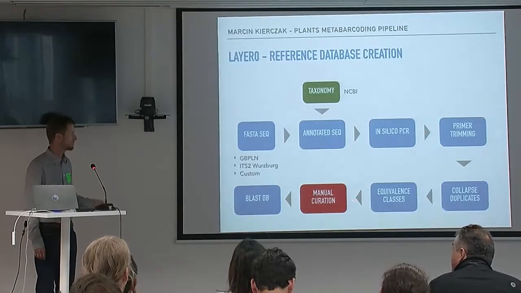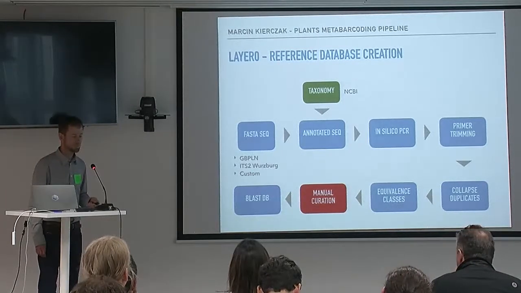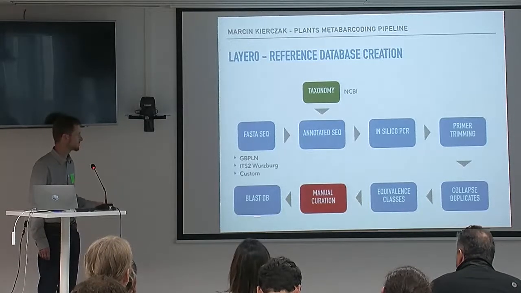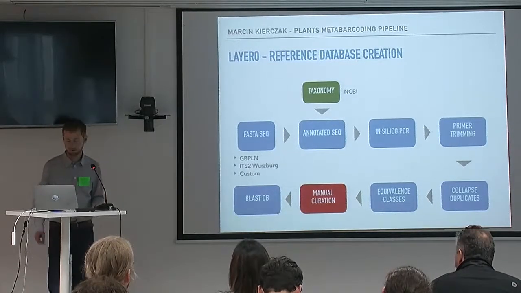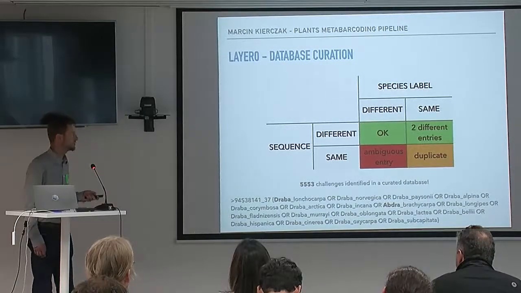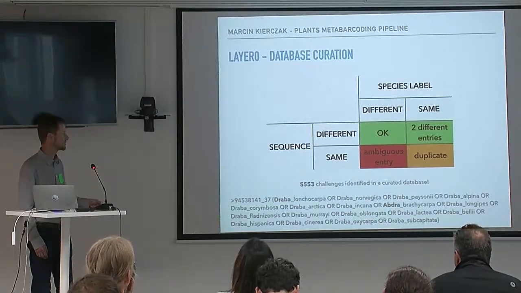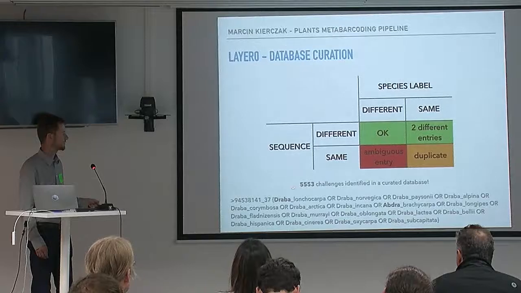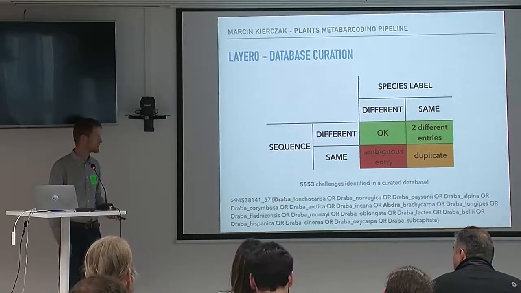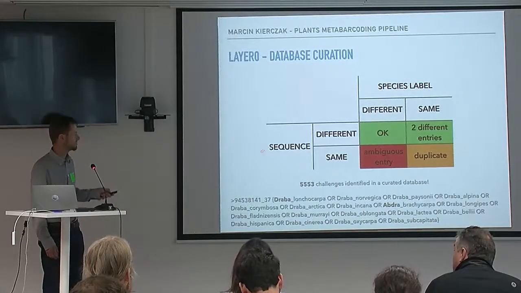So we then also identify challenging sequences, and then we need to do some manual curation, and then we construct a BLAST database from this. But it's pretty challenging actually, because in this manually curated ITS2 database, we found 5,500 problematic, challenging sequences, which we find just by looking at species label and sequence.